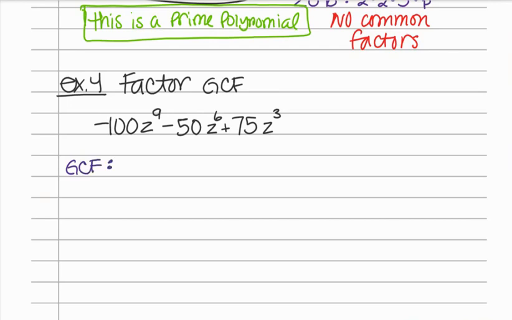So negative 100z to the 9th is going to be negative 1 times 2 times 2 times 5 times 5 times z, and we're going to be multiplying 9 times.